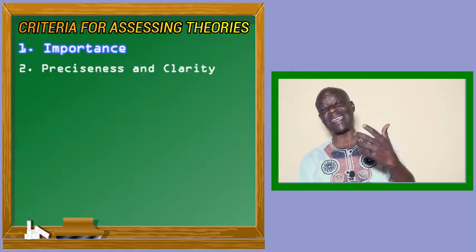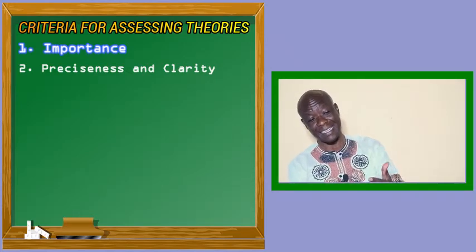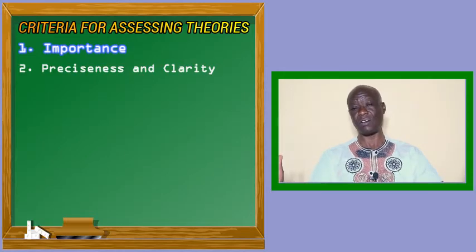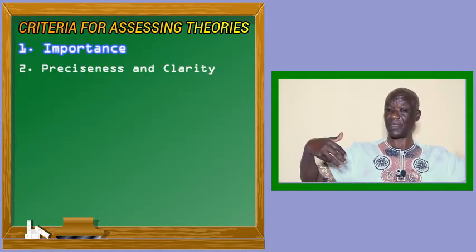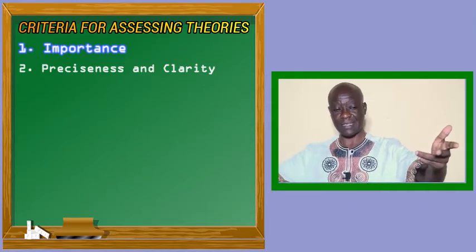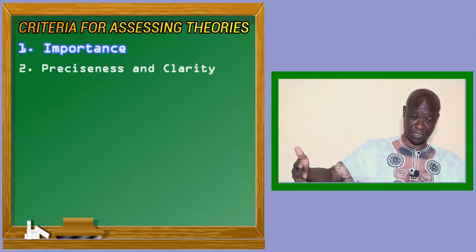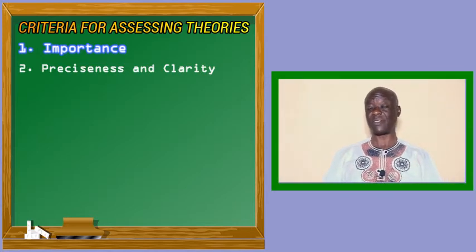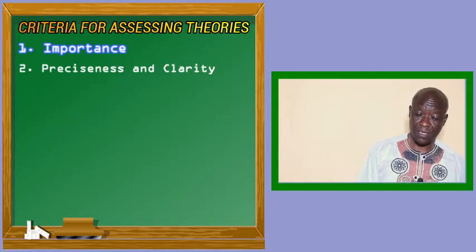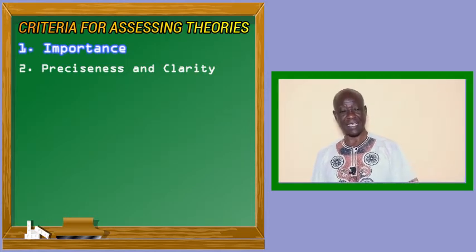And that is preciseness and clarity. Clarity may be tested by the ease of relating the theory to data or to practice, or the ease of developing hypothesis or making predictions from it, and specifying methods of testing those particular hypotheses. So that is the second component.